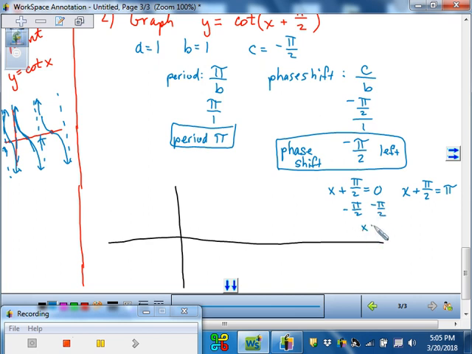So we get x is located at negative pi over 2. So let's come over here to negative pi over 2. For the second one, we subtract pi over 2 from both sides, and x is going to be located at positive pi over 2. So this is where our first two asymptotes are located.